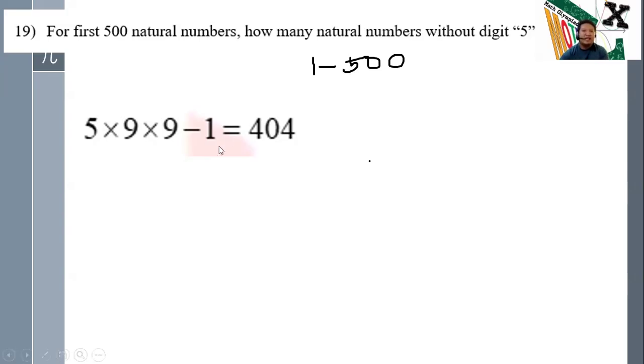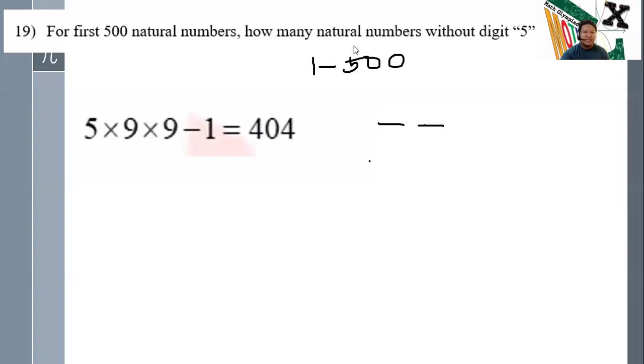We'll try to count the numbers that have a digit of 5 and subtract that, leaving the numbers that don't have a digit of 5.